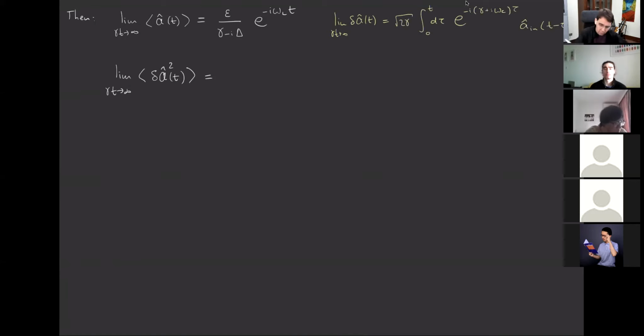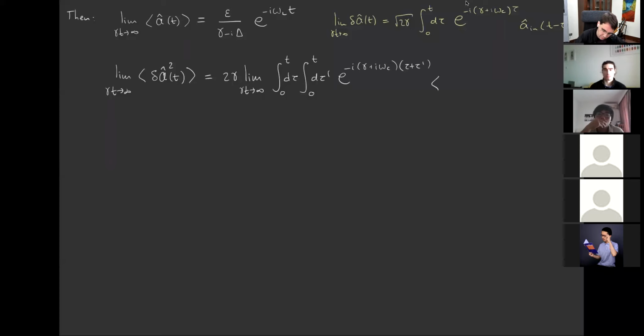Okay? So using this expression, it's very simple to see that this second order moment that I am writing here is just equal to 2 gamma, and then the limit when t goes to infinity of the integration in tau, the integration in tau prime, the exponential of minus gamma plus i omega c times tau plus tau prime.